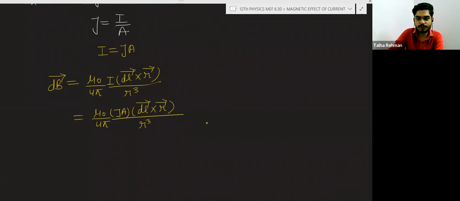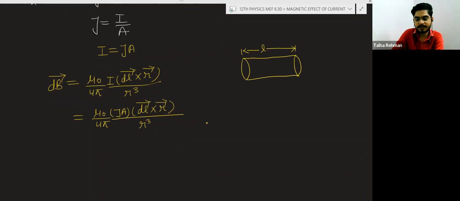Suppose you have a cylinder like this, and suppose L is the length of the cylinder.